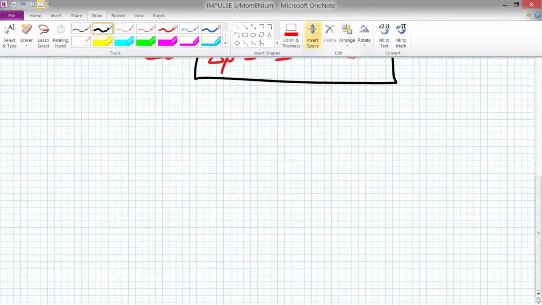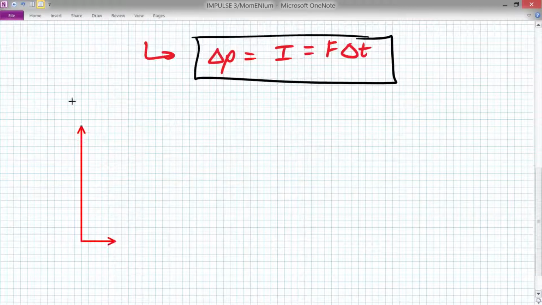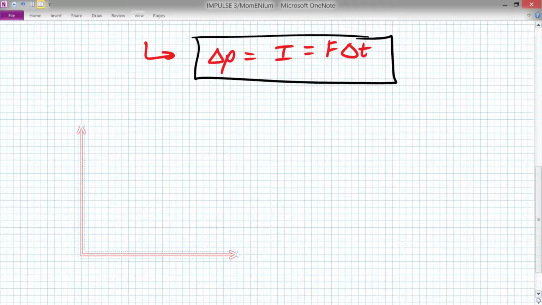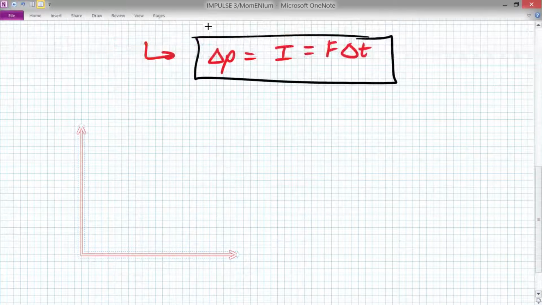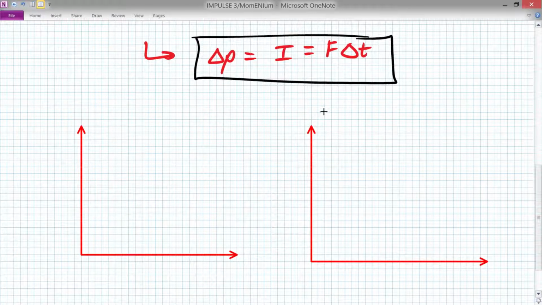And what we explored a little bit last week was graphs for collisions. So I'll just draw a couple here to make an example of this.